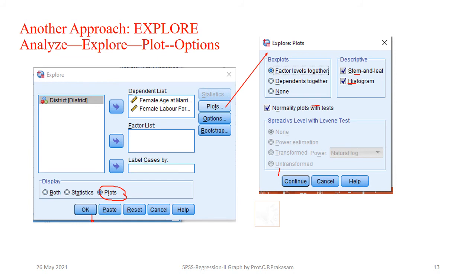After that you click Plots. Once you click Plots, you will find the Explore plots option. In this you can see descriptive, stem and leaf plot, histogram, and down below you will find normality plots with tests. That is most important.